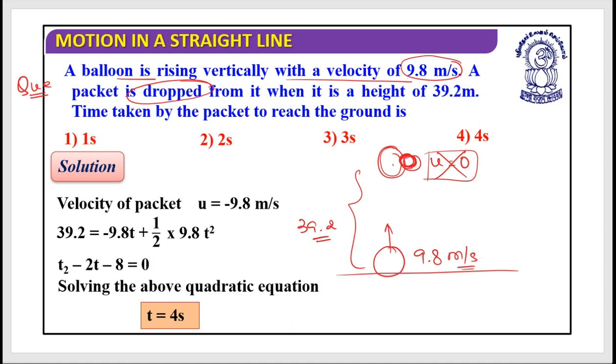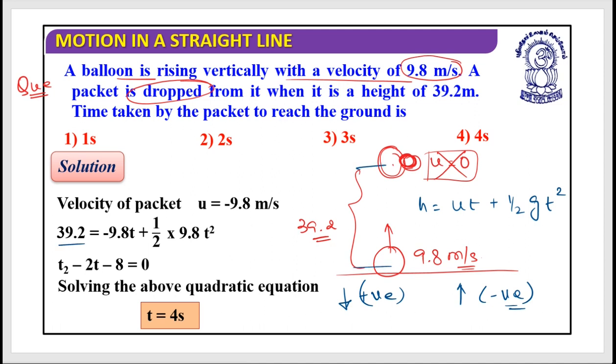So what you need to do is write the relation h = ut + half gt square, and consider one direction as positive and the other as negative. Let's suppose I consider downward direction as positive and upward direction as negative.